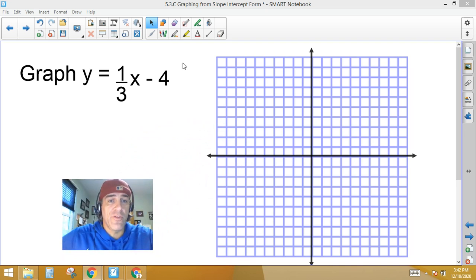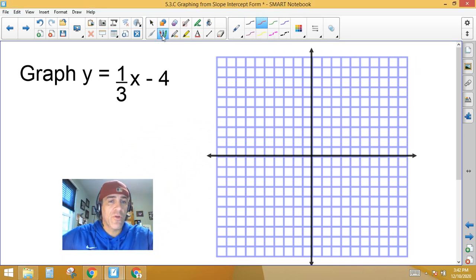Graph y equals 1/3 x minus 4. I'm just going to walk through this semi-briefly. You can pause it if you need, rewind. My y-intercept is -4, so I'm going to go down 1, 2, 3, 4 spots and put a plot point there. And my slope in this case is 1/3. I'm going to go up 1 over 1, 2, 3 to the right. Always to the right.